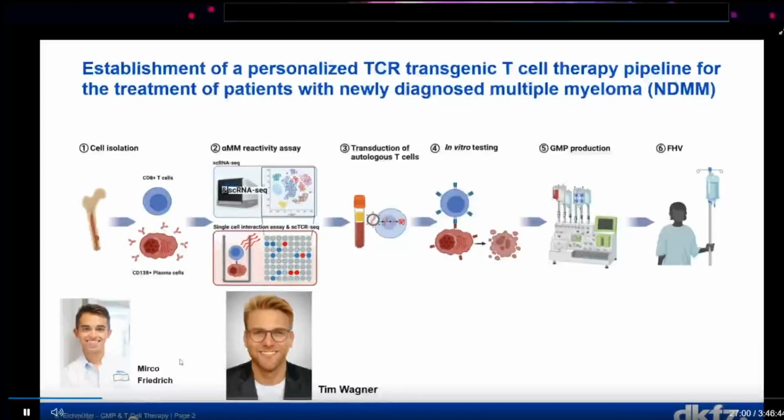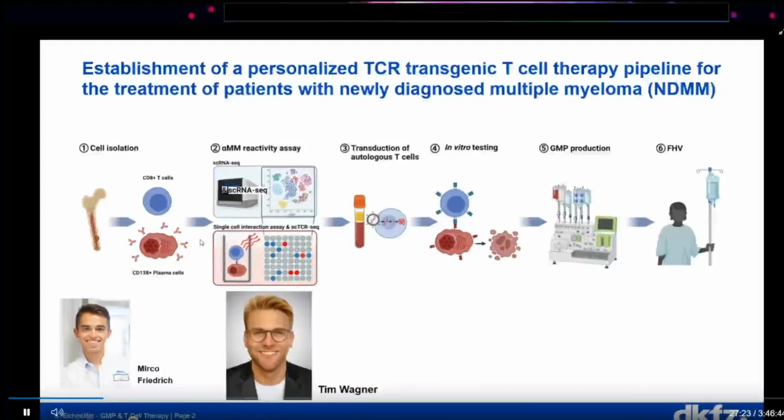In this project, Mirko Friedrich was the physician scientist who did large parts of the clinical sampling and also the single cell analysis I show later. But the vast majority of experiments I present here have been achieved by Tim Wagner, a very talented PhD student in my group.